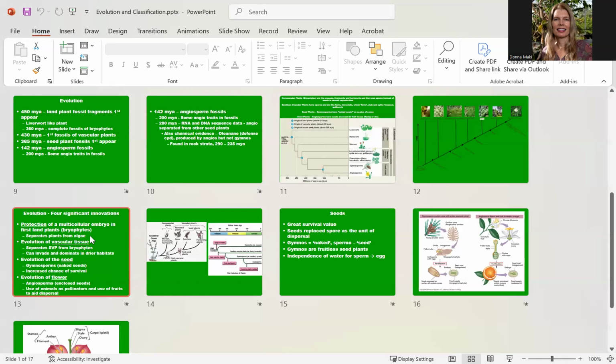We're going to make a seed instead of using spores as a unit of dispersal. And so these types of ideas, it's a big deal to think about what's going on in terms of the innovation, the adaptation, the evolutionary strategies they had, and what advantage that gave them. So that definitely I'll be asking about.